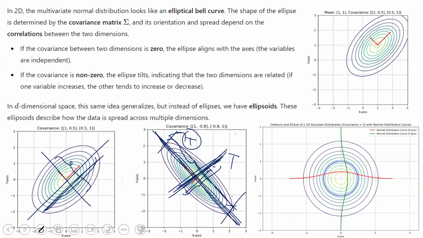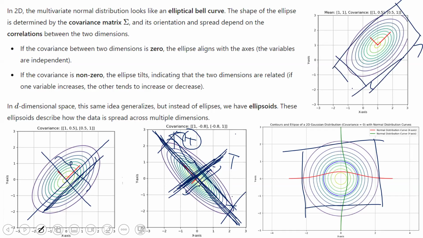This spread is given by the eigenvalue, and the direction is given by the eigenvector. Similarly, the eigenvalue gives the spread of the data in this direction, and this spread in that direction.